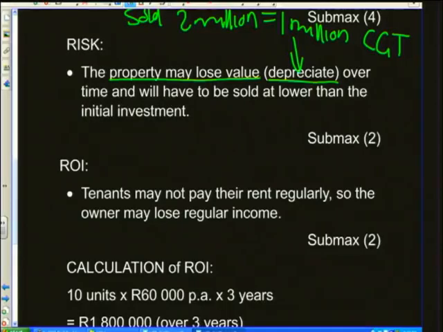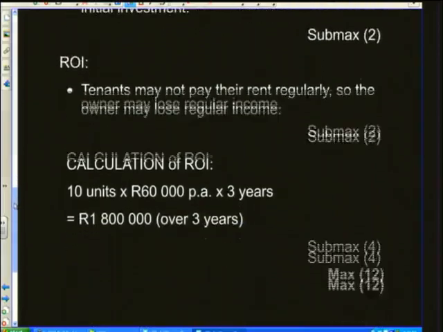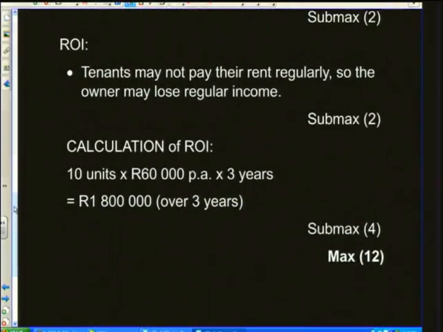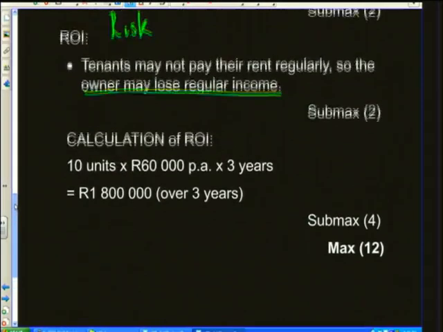By long-term, we're talking about 5 to 10 years in the future. So our return on investment, tenants may not pay their rent regularly, so the owner may lose regular income. That is something that we have to take into account. So there is a risk when it comes to property. However, if we manage that risk properly, then we're not going to have a problem.